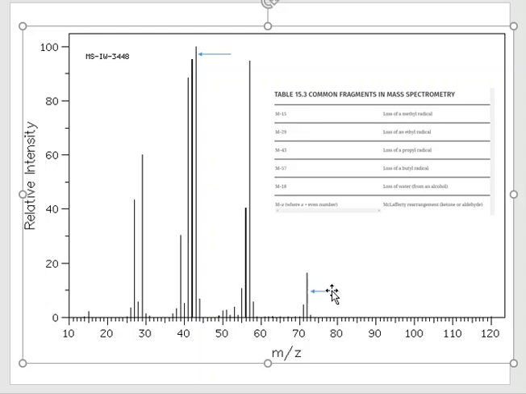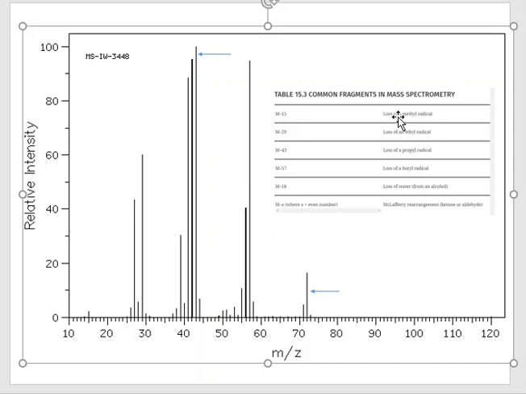What's happening is we have our molecular ion peak, and that's of course the molecule minus an electron. And then, let's see, we go from 72 to 57, so that's minus 15. So it's lost 15 AMU.